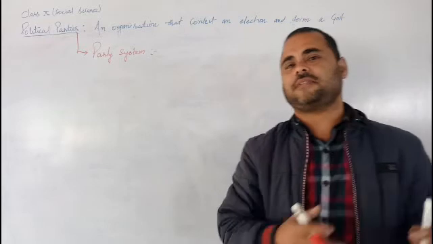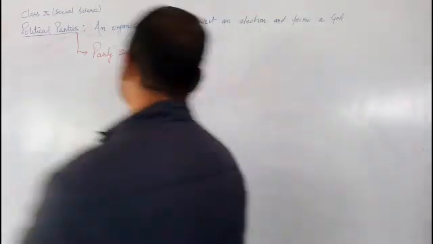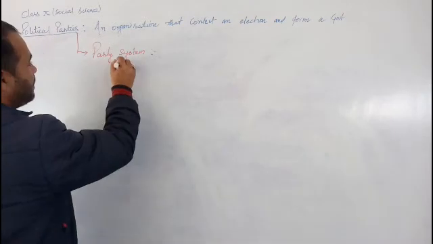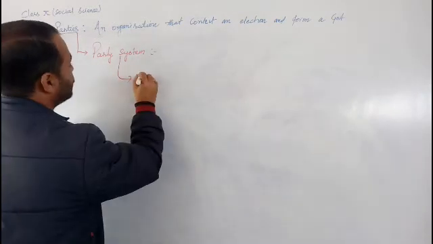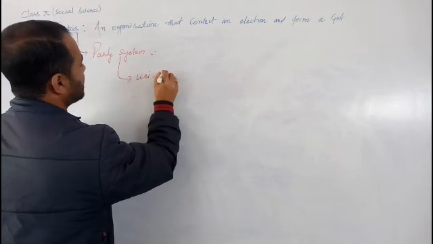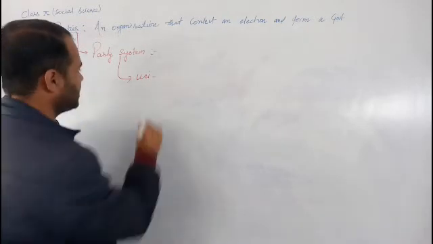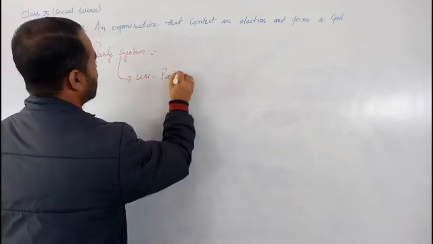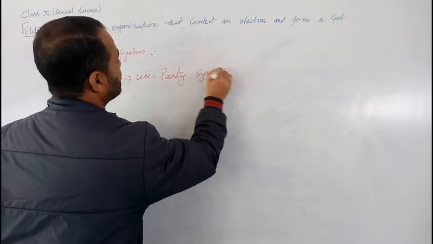So this classification is called what? Party system. A country which has a single party is called a uni-party system. Uni means single.